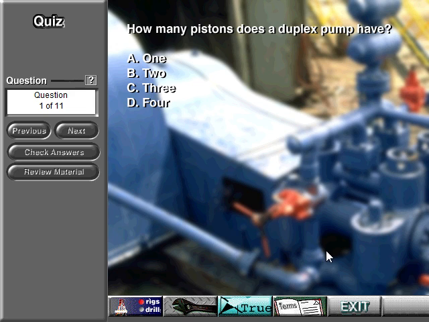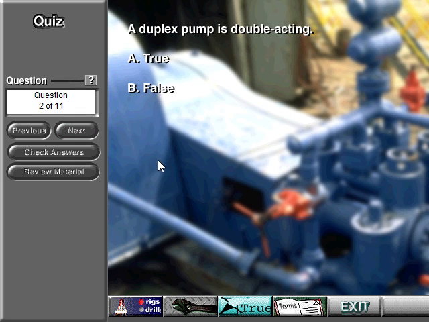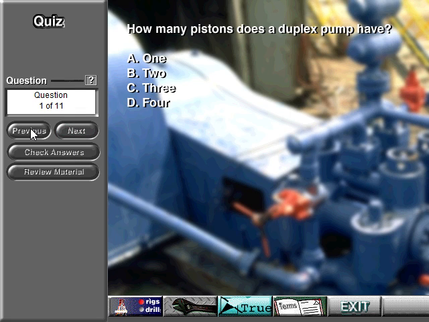How many pistons does a duplex pump have? A. 1, B. 2, C. 3, D. 4. That's right.